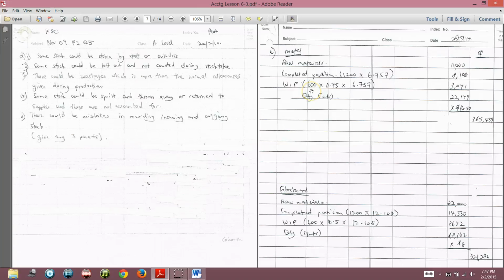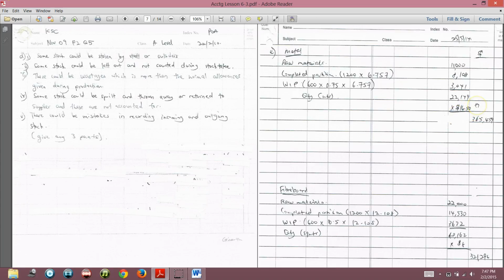Work in progress is 600 units times 75% complete, so 0.75 times 6.757 will be 3,041. So this is the quantity of metal that is contained in the closing stock.